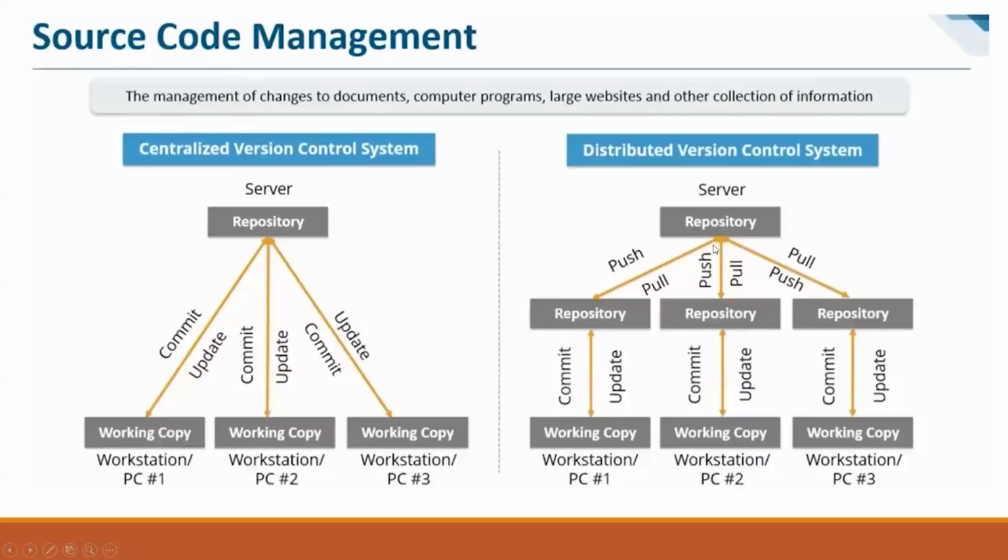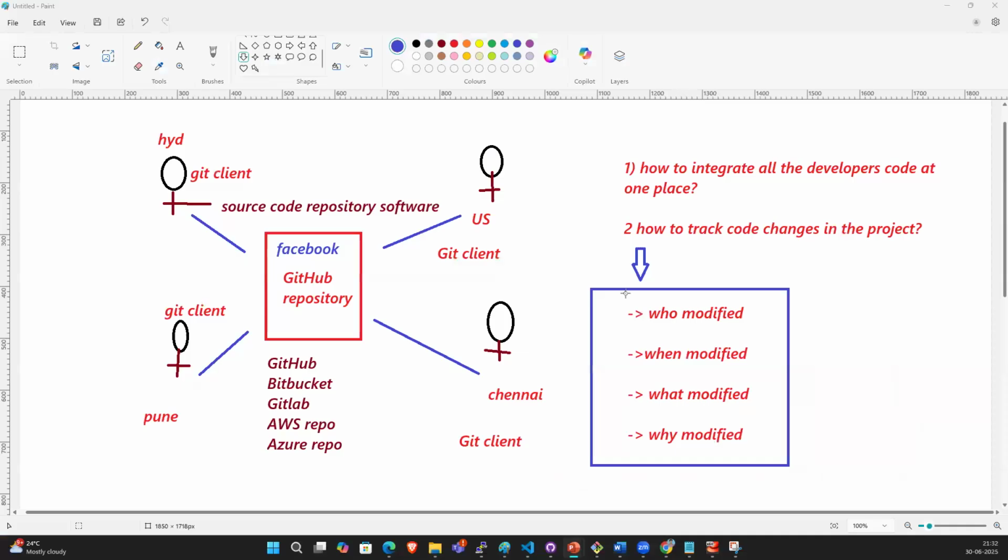If you have any issue with the remote repository, we have the code in the local repository. If you have any issue with the local repository, we have the code in the remote repository. So in the distributed version control system, the code will be available in the remote repository as well as the local repository.